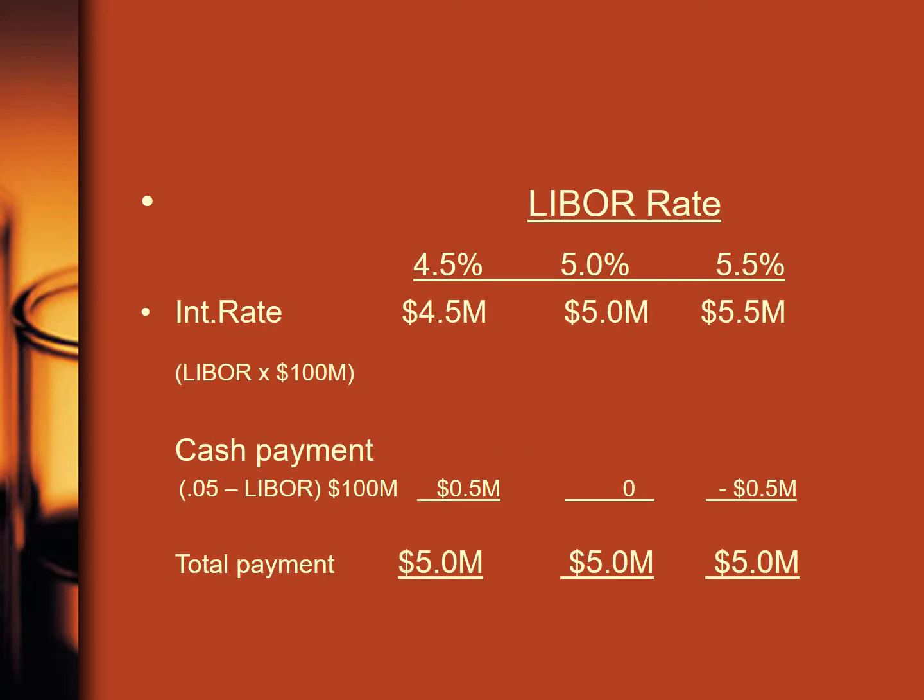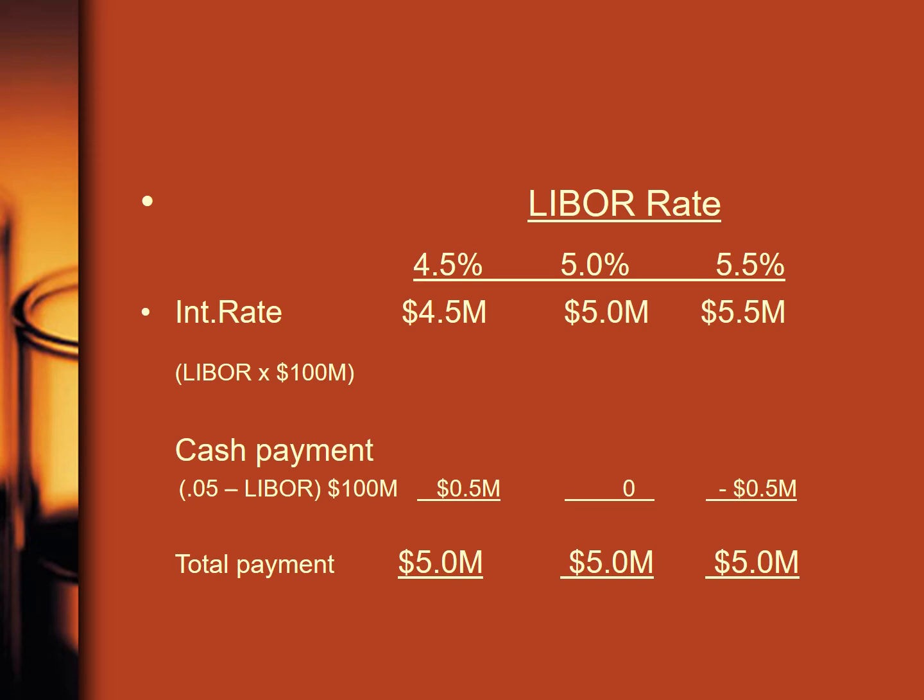So this tabulation shows you various LIBOR rates, 4.5%, 5%, and 5.5%, and the interest amount is shown below: $4.5 million, $5 million, and $5.5 million.